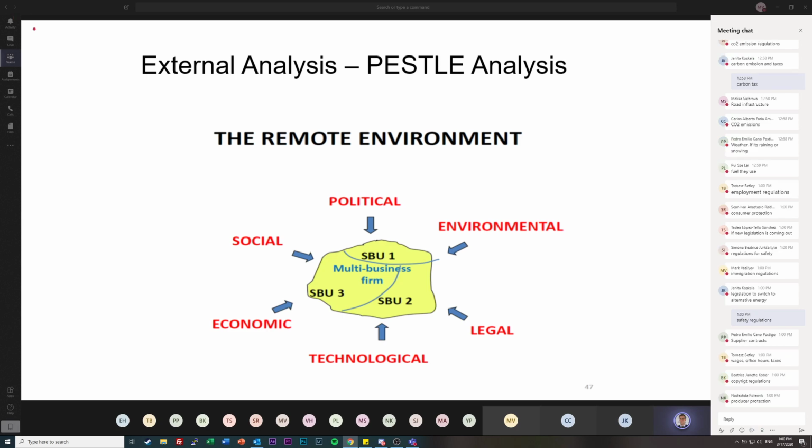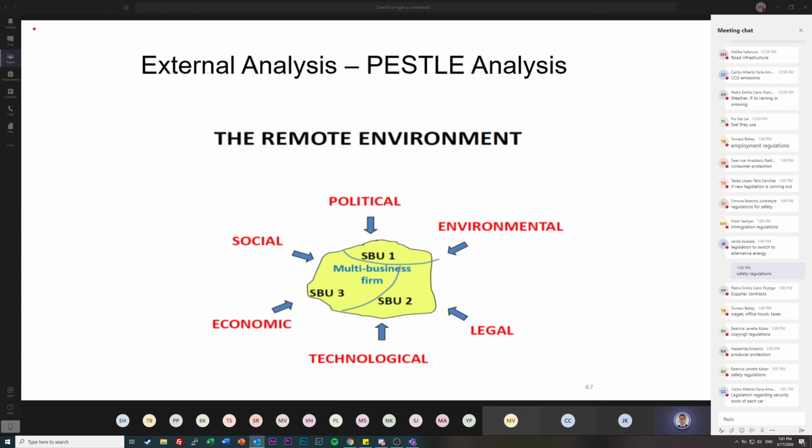Tomasz told me that this is wages, office hours, taxes. Generally, the shift planning. Maybe you know that in the Czech Republic it is allowed to have a 12 hour shift. But this is not allowed in Germany or in Austria, for instance. So in some countries, employment regulation could be much easier or less complicated than in others.